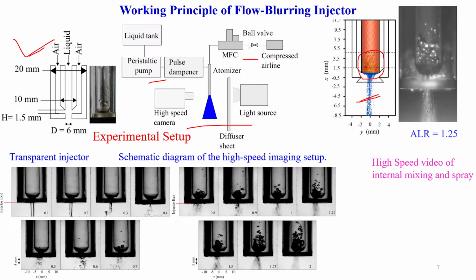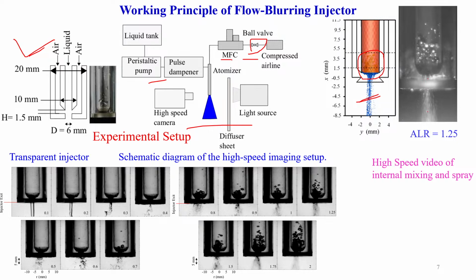We control it through a ball valve, which is just for flow opening and closing. In order to accurately send the required airflow rate, I used an MFC. MFC is nothing but a mass flow controller, which precisely controls the required airflow rate to the system.